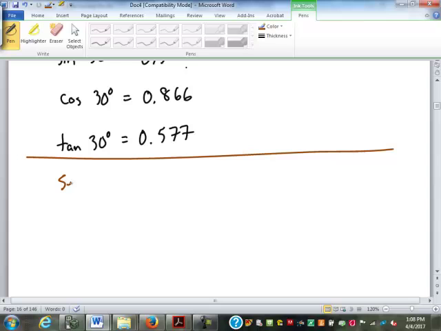If you're asked to find the secant of 30 degrees, now remember, secant is 1 over the cosine. So there's two ways we go about this.